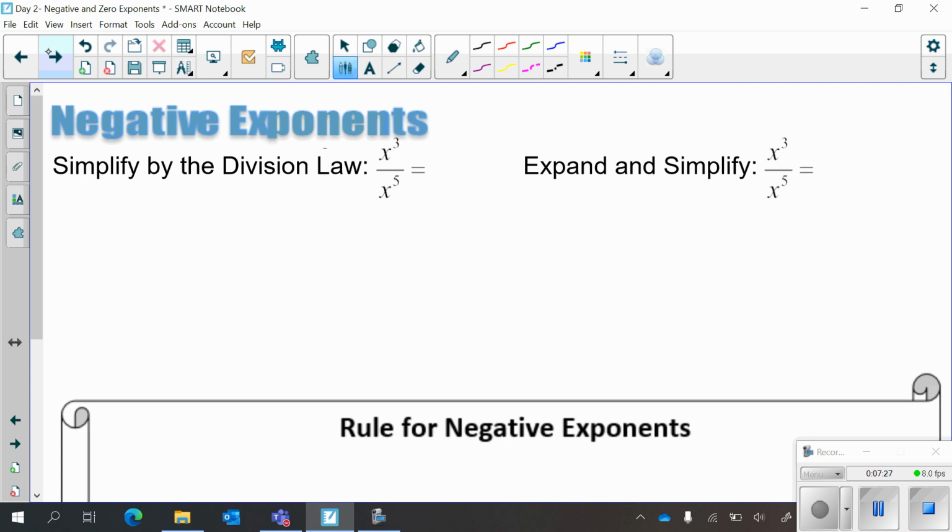So if we divide with the division law, you keep your base and you subtract your exponents, top minus bottom. This would give me x to the negative second power.